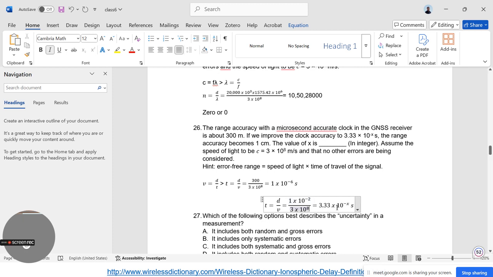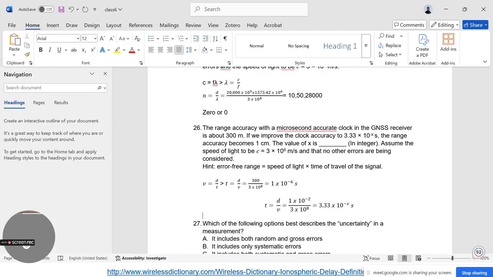Okay. Now we have this formula. We know everything; we just don't know the x. If we multiply 3 into 3.33, we get around 9.99, so we'll take it as 10. Here also, 10 to the power minus 2 into minus 8 becomes 10 to the power minus 10, and this 10 will come, so it becomes 10 to the power minus 11.